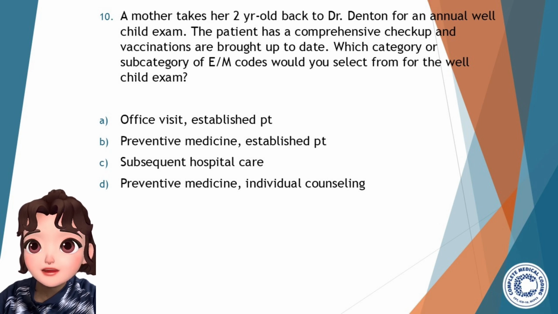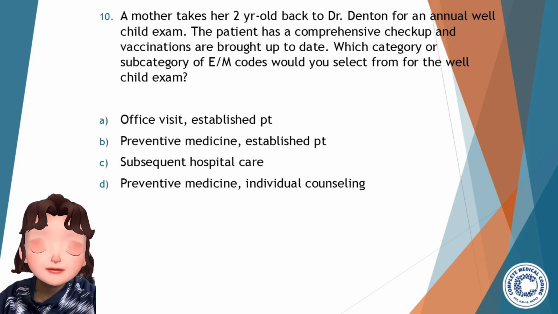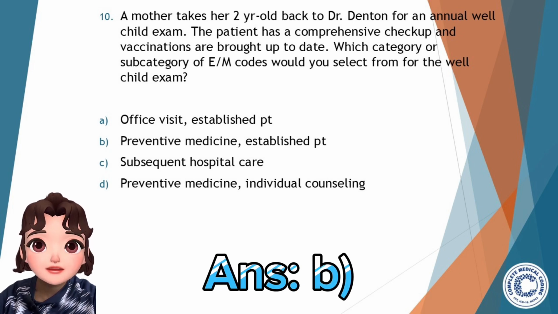It's not individual counseling, it's an established patient because it's mentioned in the question, in the documentation, that mother takes her 2-year-old back to Dr. Denton, which means this patient is already a patient of Dr. Denton. So established patient. So the answer is option B, preventive medicine, established patient.